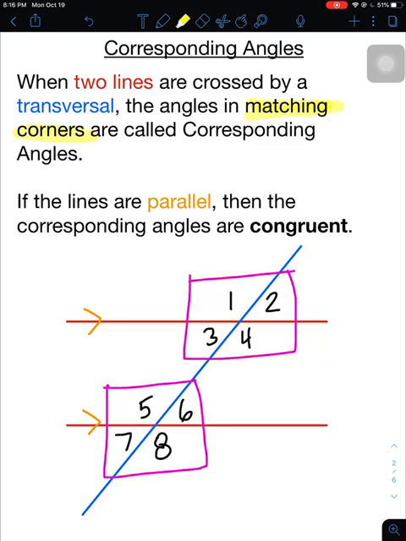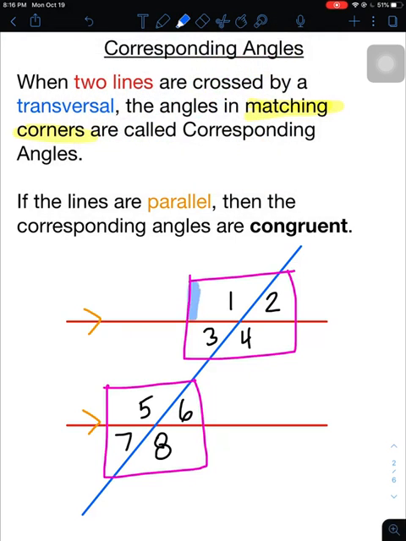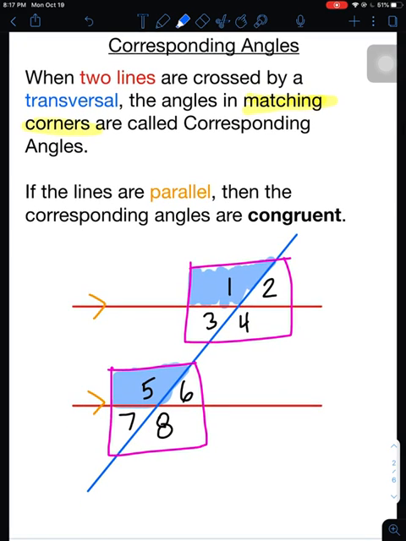Okay, now which corner matches? I'm gonna use my highlighter for this. Which corner matches the corner that angle 1 is in this bottom group? That's gonna be this corner over here, corner 5 or angle 5.